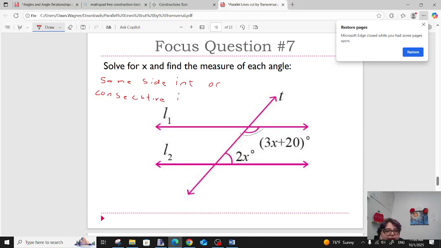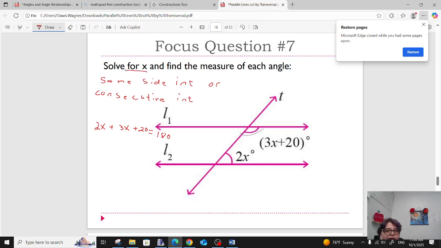It means the same thing. But they are supplementary. To solve this one, you would have to take 2x plus 3x plus 20 and set that equal to 180.